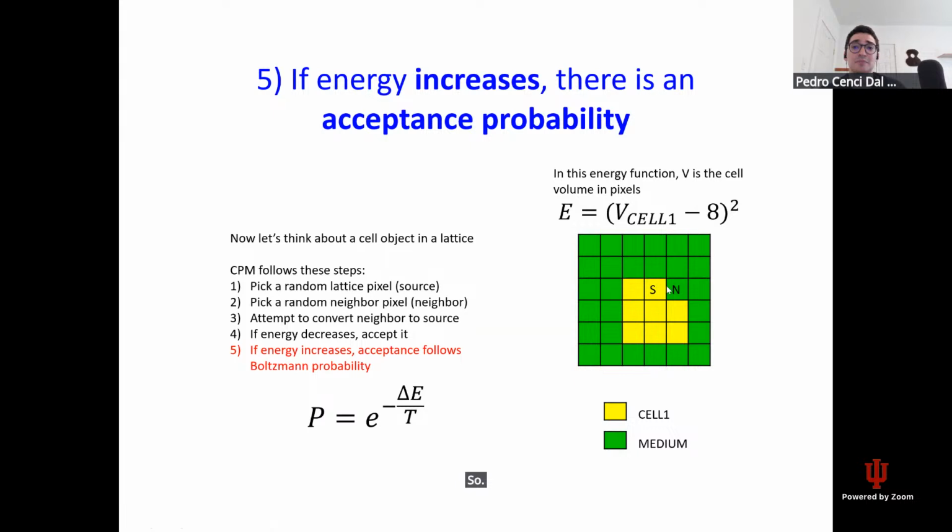So if I accept the neighbor to become part of cell 1, then I have a cell of size 9, which means the energy is increasing, correct? Because I'm going from 8 minus 8 to 9 minus 8.